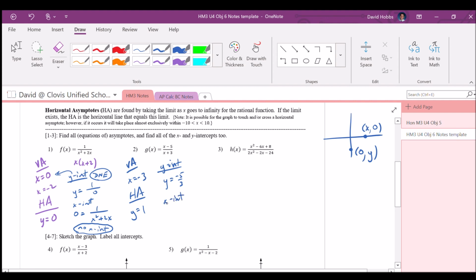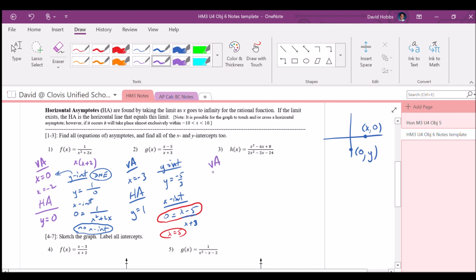X-intercepts, plug in 0 for the y. How can a fraction equal 0? If the numerator equals 0. So x equals 5, or 5, 0.